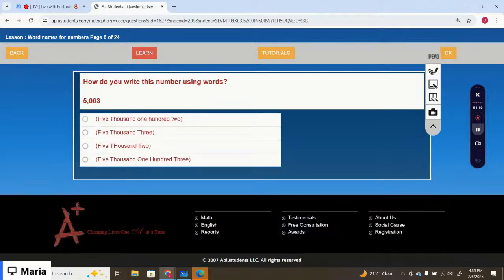How do you write this number using words? Which is the correct option? That is 5003. Option number 2 is the correct option.